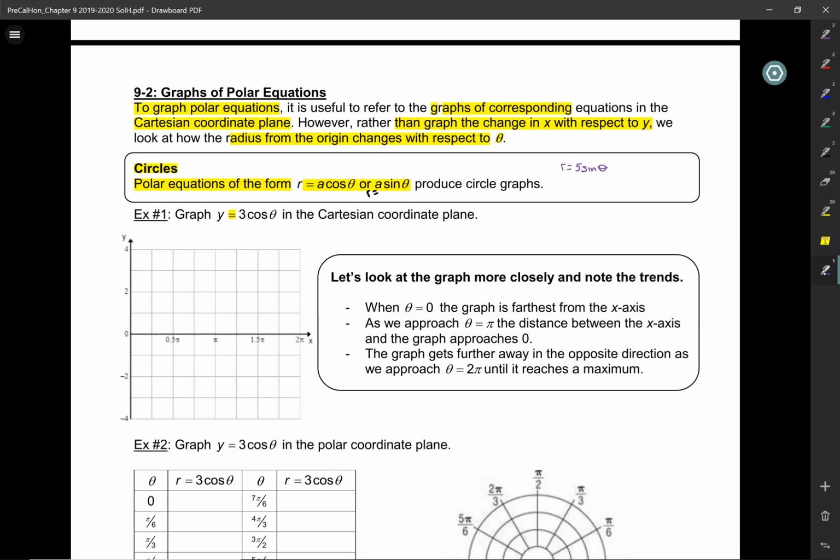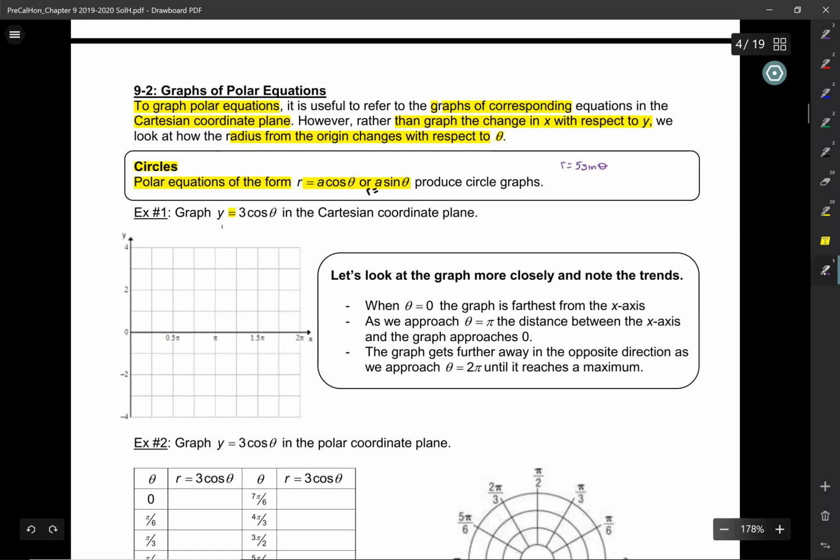Okay. Well, let's do one. So I want to graph y equals 3 cosine theta, but first I'm going to graph y equals 3 cosine x, just like we did in chapter 4. All right? So we know that cosine starts at the maximum, and in this case the amplitude is 3, so it's going to start here.